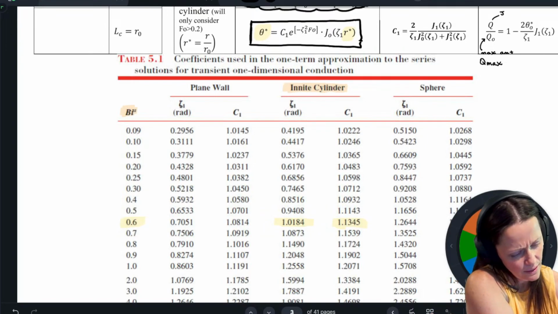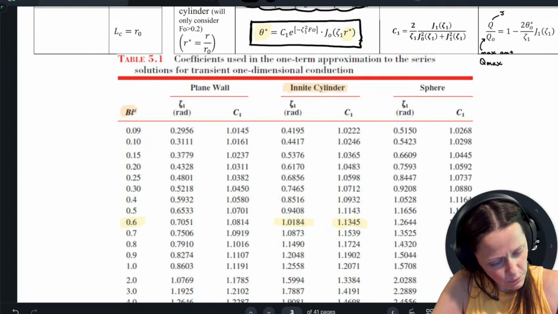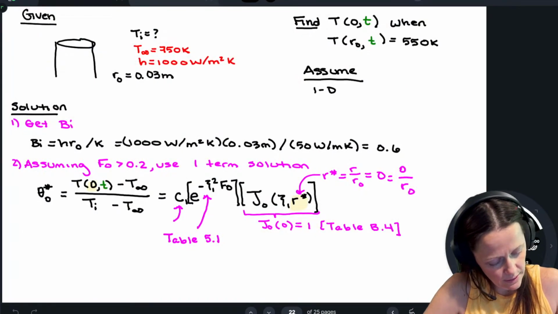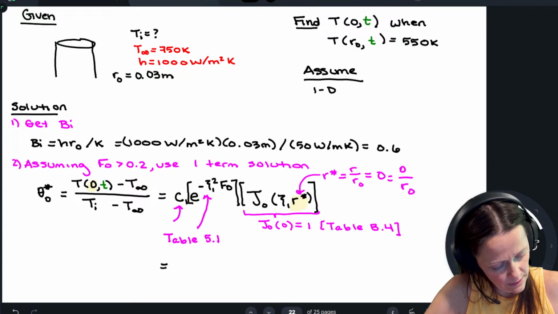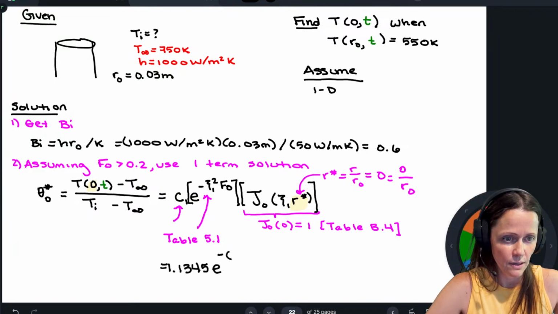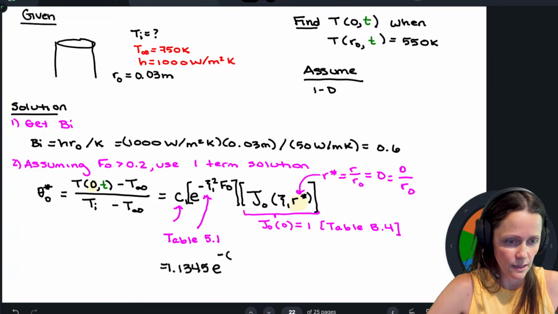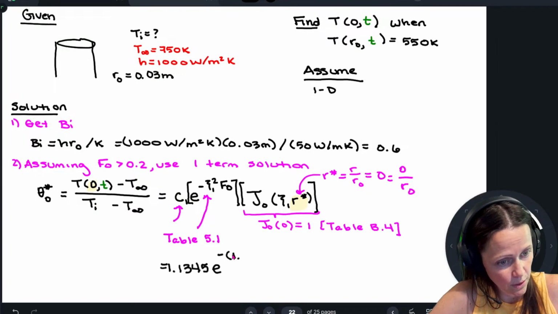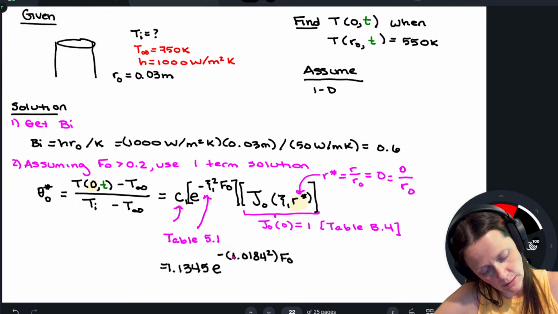All right. So 1.1345. And then it's e to the negative, what was zeta again? Perfect. 1.0184 squared times our Fourier number.